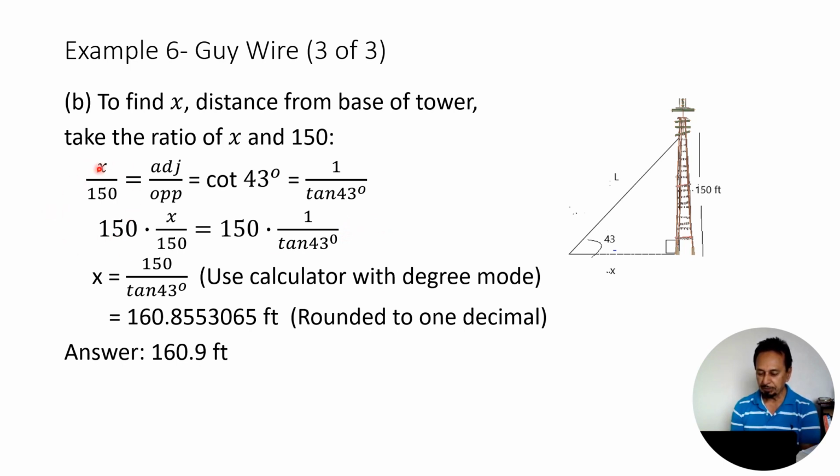To solve the equation X over 150 equals 1 over tangent 43 degrees, we multiply both sides by 150. So it becomes 150 times X over 150 equals 150 times 1 over tangent 43. The 150 cancels, giving X equal to 150 over tangent 43 degrees. Putting 150 over tangent 43 on the calculator, it becomes 160.855. Round it to one decimal place, it becomes 160.9 feet.